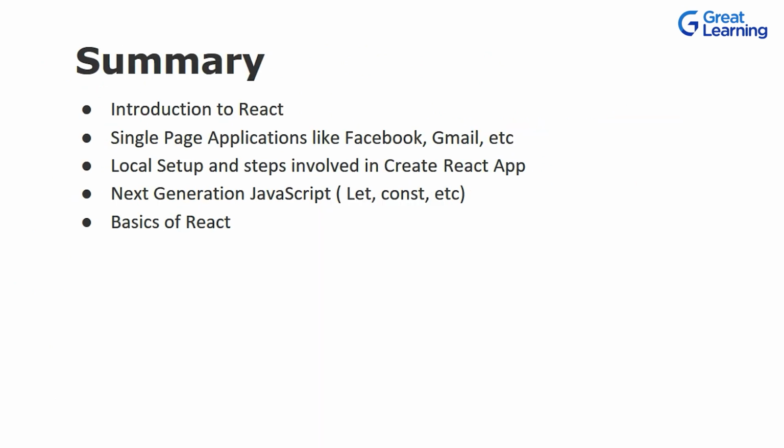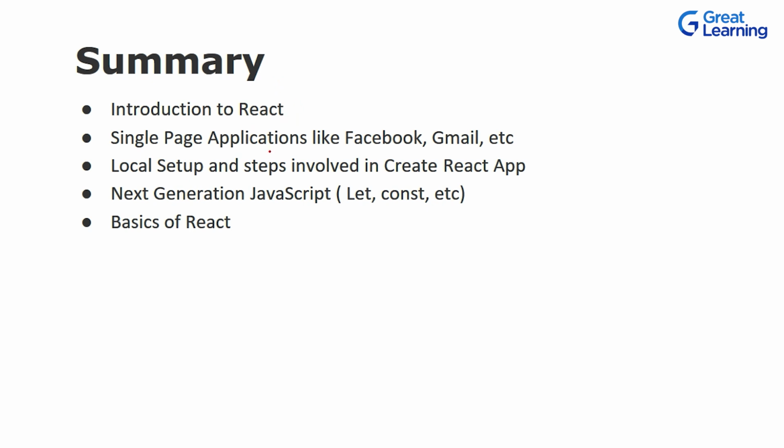Now let's try to summarize what we learned in this course. In this course, we first talked about the prerequisites, like what is HTML, what is CSS, and what is JavaScript. Then we talked about this library that is known as react.js and why we should learn this.